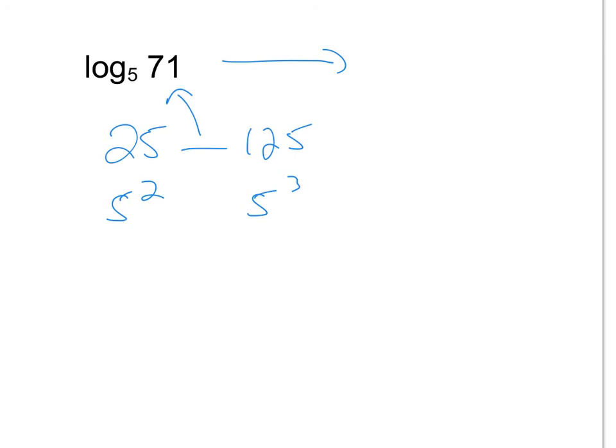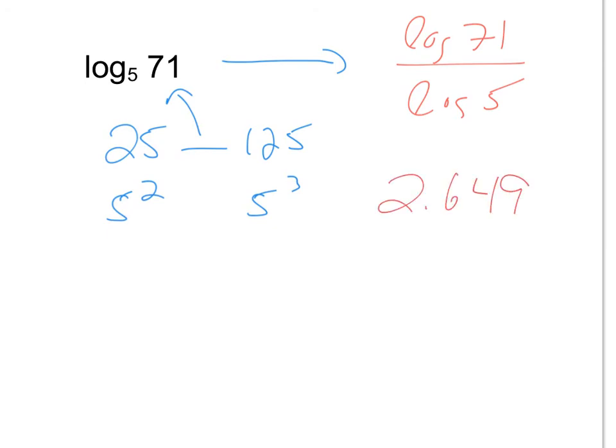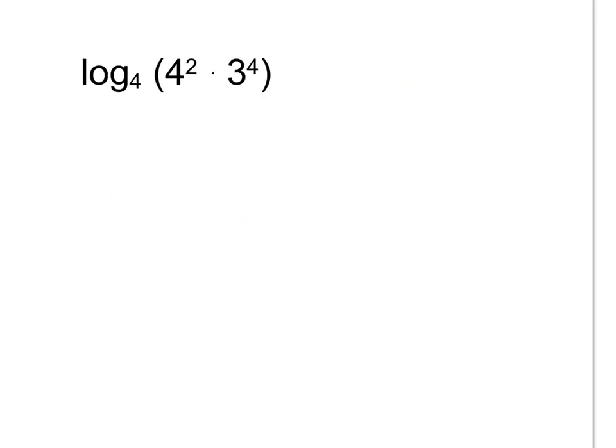All right. So now we get, this is going to be log of 71 over log of 5, and you should get 2.649-ish.